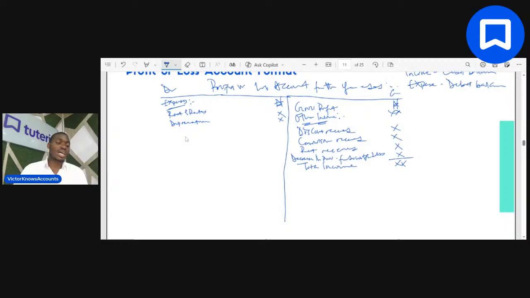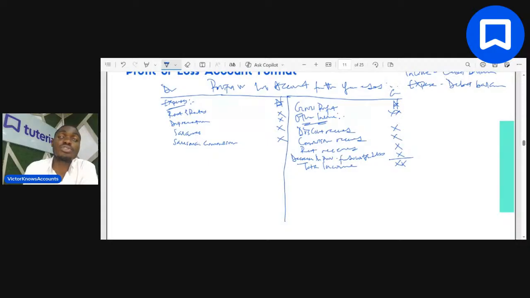So we have rent and rate, depreciation. We have something like salaries, salesman commission. You guys should give me examples now.